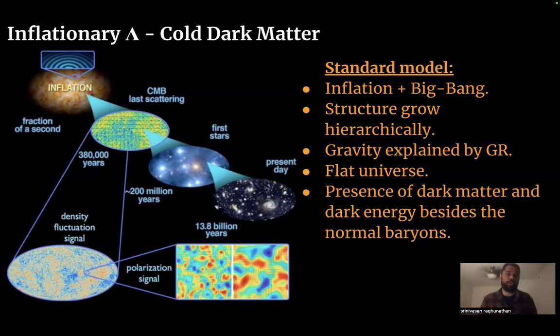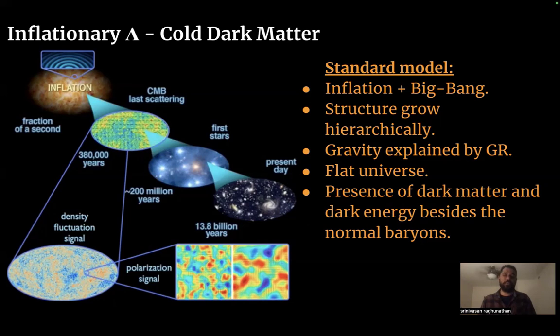It took around 400,000 years after the Big Bang for the universe to cool enough. That was around redshift 1100. The temperature was cool enough that neutral atoms could form, and it is at that epoch that the CMB photons started to free stream towards us. This epoch is called the surface of last scattering, or the epoch of recombination.